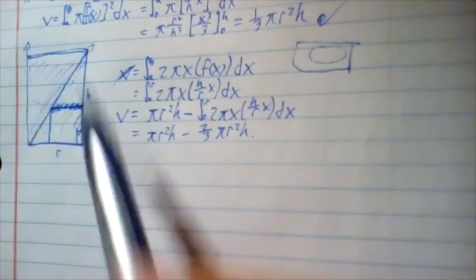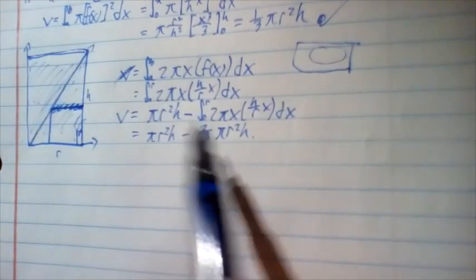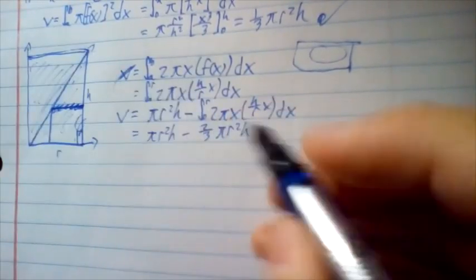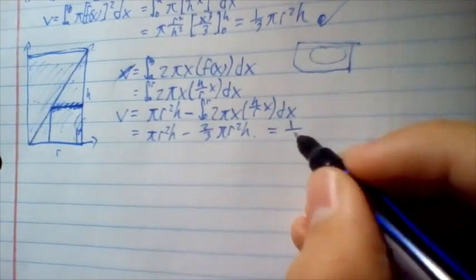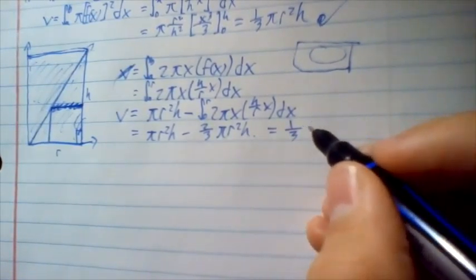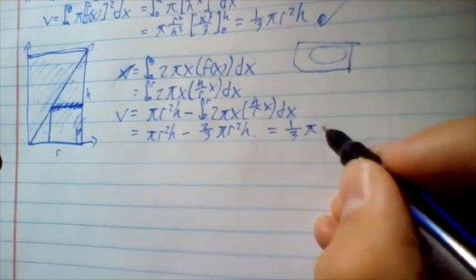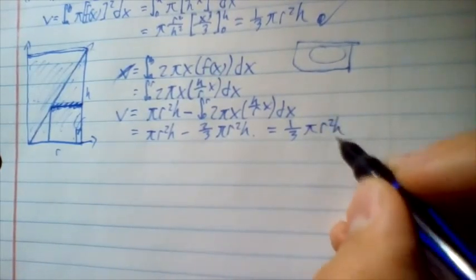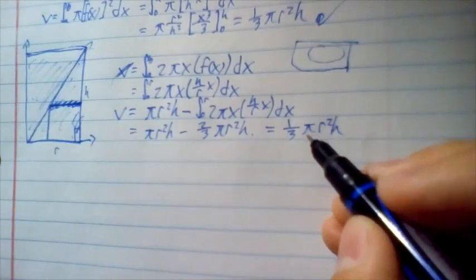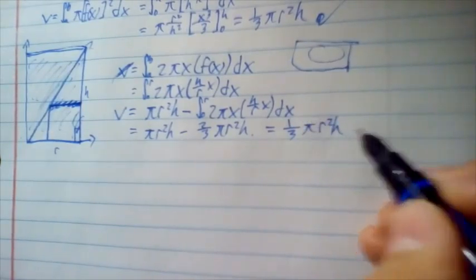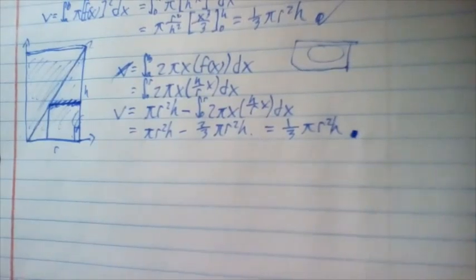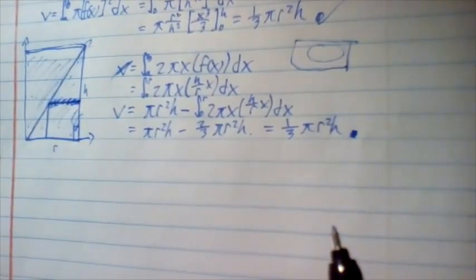But then I remembered it's a cylinder, and subtracting this volume from the cylinder, we're going to get our delightful cone, which in this case will have the volume 1/3 of pi r squared h. And so once again, we've shown that the volume of a right cone is 1/3 of pi r squared h, which marks the end of this approach. Thank you.